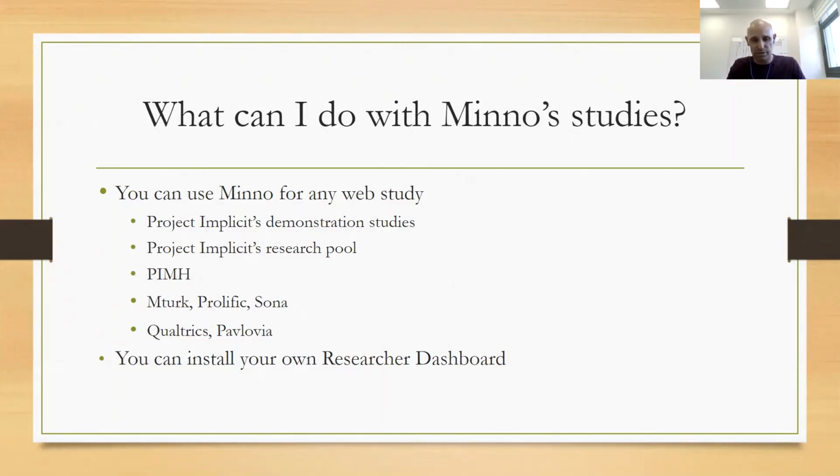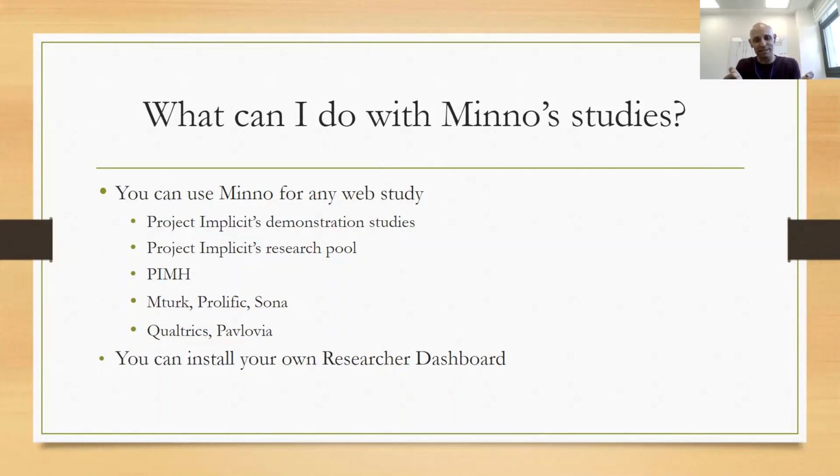The research pool is a section in which many volunteers register to the website, and then they can experience implicit social cognition studies that we use to increase our understanding and expertise in implicit social cognition, and then it can inform us when we update the demo studies. It's also being used in PIMH, Project Implicit Mental Health.